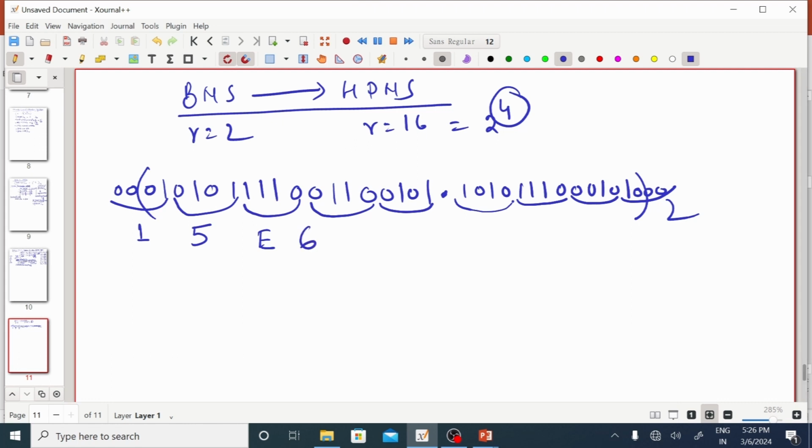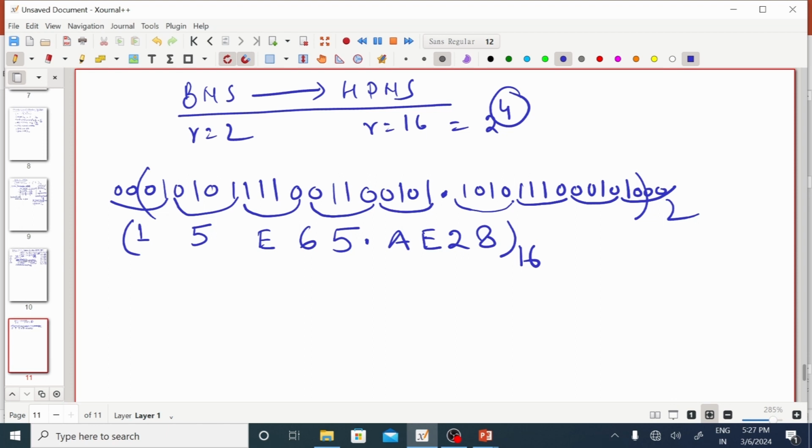This is 0101, that represents 5. Point 1010, that represents 10, means A. This is 1110, again this is what? This represents E. Then 0010, that represents 2. 1000, that represents 8. So this is the equivalent number in hexadecimal number system.